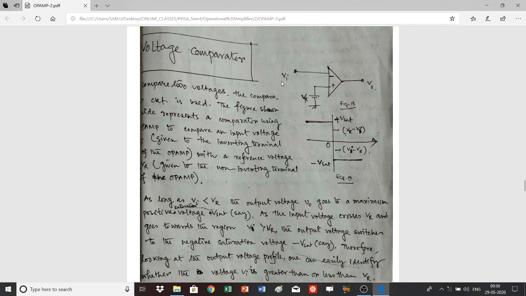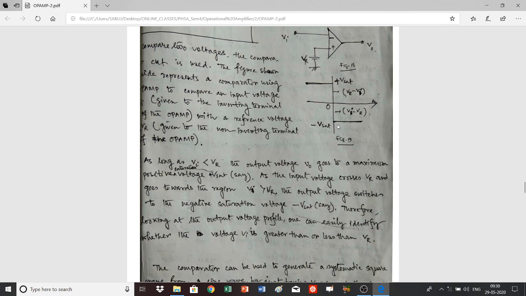When Vi increases further and reaches equal to Vr, the difference will be zero. And when Vi just crosses Vr, the output voltage will saturate to the negative saturation value.